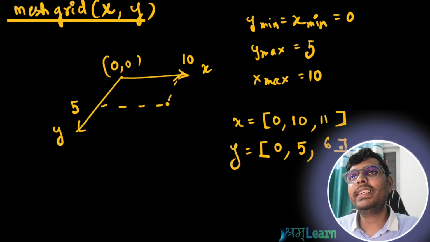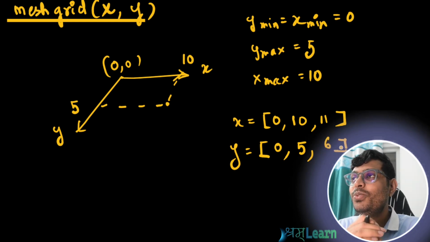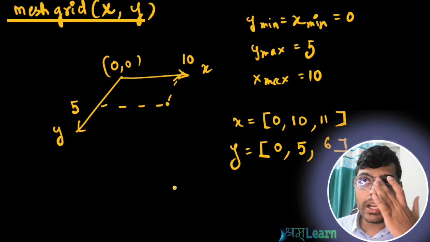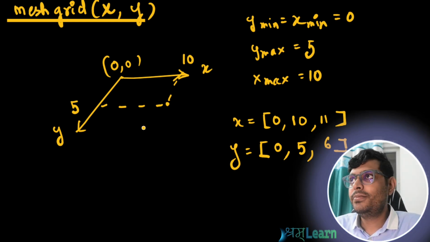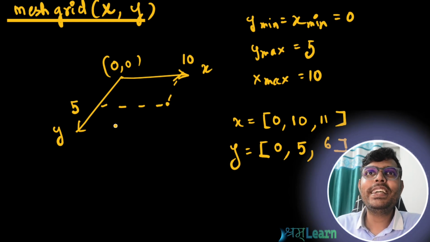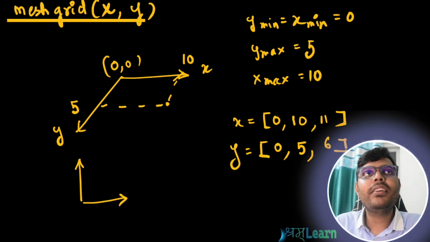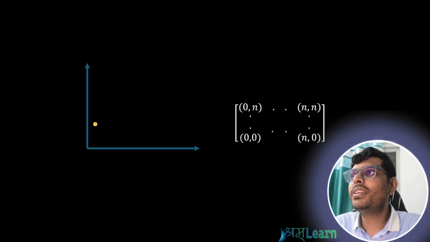So y has 6 elements and x has 11 elements. So how do we do this? This is a challenge to us. Let us go ahead and try to plot this. How do we do that? I have a good axis here.